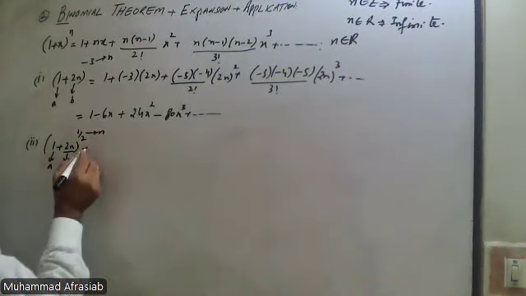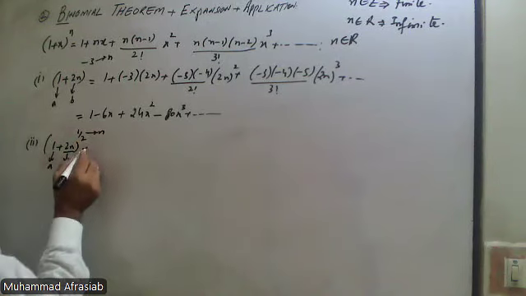So it should be like this: 1 + half into 2x + half into (half - 1) divided by 2 factorial into (2x) whole square + half (half - 1)(half - 2) divided by 3 factorial into (2x) whole cube. So this will become equal to 1 + x, as the 2 and 2 cancel.